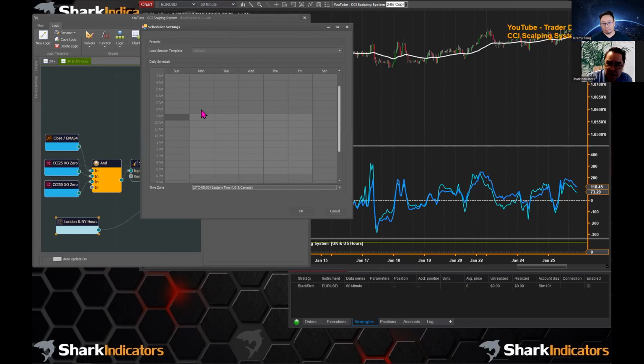And so New York time, that trading hours starts at 8 a.m. and goes to noonish there. And so I can just quickly create these blocks of time here that we want to see those trade signals. Just go through there for every day of the week I want, like so.